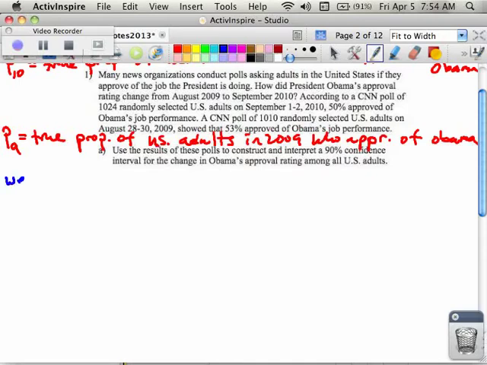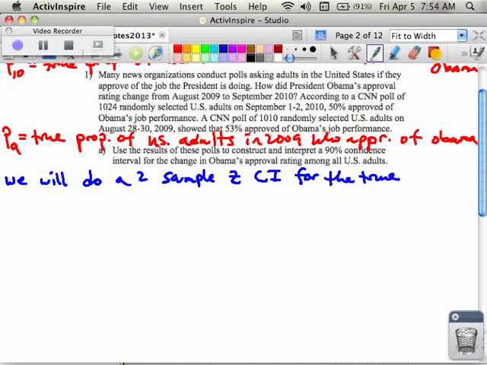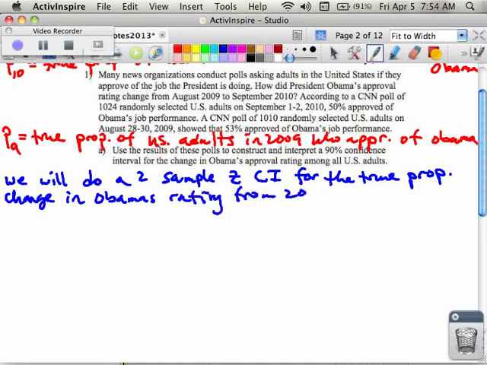So we will do a 2-sample Z confidence interval for the true proportion change in Obama's rating from 2009 to 2010.